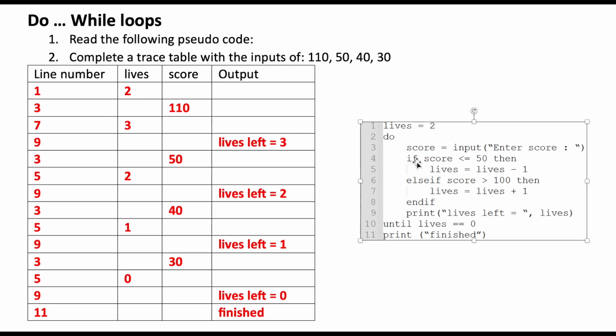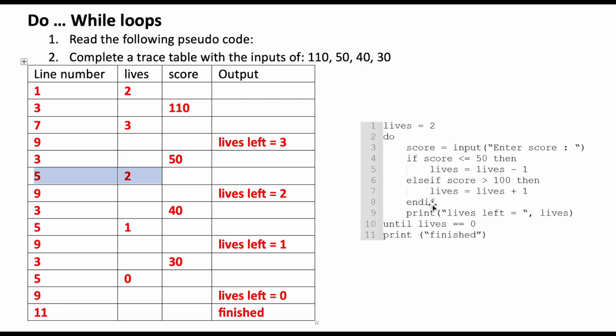We then evaluate the if statement, if the score is less than or equal to 50. In this case it is equal to 50, so that's true. It then on line 5 says lives equals lives minus 1, or decrement the contents of the lives variable. So we can see here line 5, lives has been decremented.